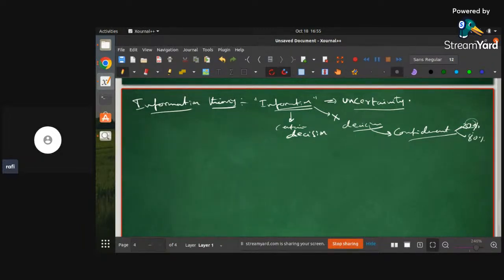This we call probabilities. The probability that it is going to rain is 0.8, and that it is not going to rain is 0.2.